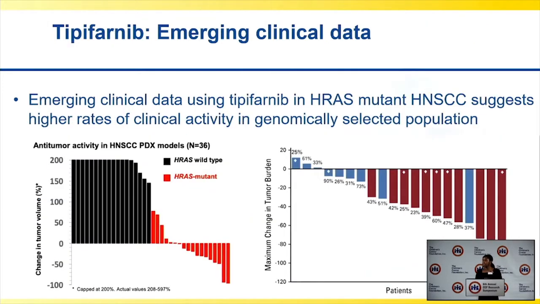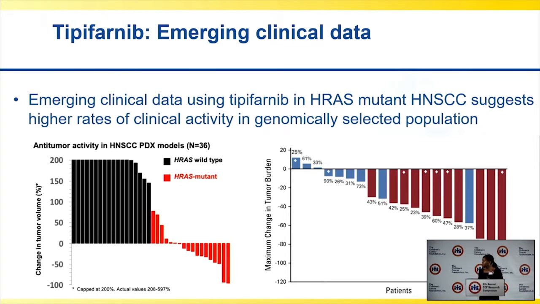Around the time that we were starting this research, many groups were investigating whether Tipifarnib might prove to be more effective in HRAS mutant models. This is data in head and neck cancers, in which here on the left, mouse models of HRAS mutant head and neck cancers received Tipifarnib, and we can see those with HRAS mutations had a much more favorable response with shrinkage of their tumors.